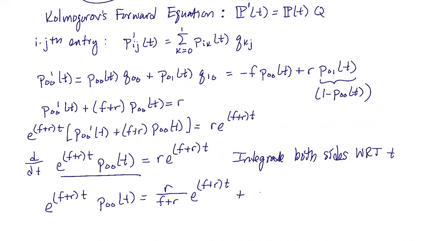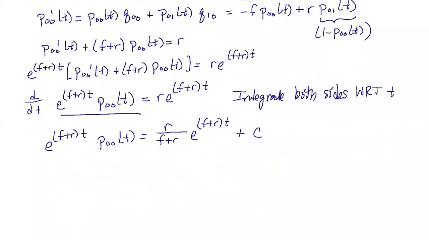And then I'll get plus a constant. Remember, we're trying to solve for P00 of t, so I'm going to multiply both sides by e to the negative (f plus r)t. And I've got P00 of t equals r over (f plus r) plus C e to the negative (f plus r) times t. And to finish this off, we want to find C.